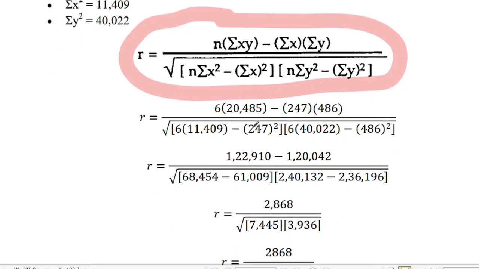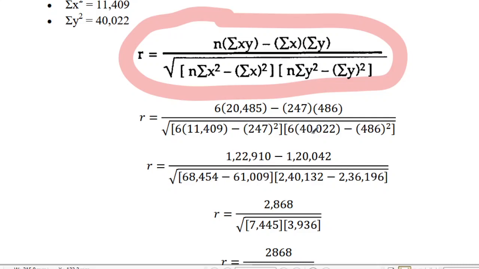So simple calculations. 6 into 20,485 means 122,910 minus 247 into 486, 120,042, whole divided by square root of 6 into 11,409, that equal to 68,454 minus 247 whole square, 61,009.